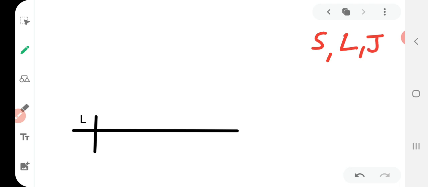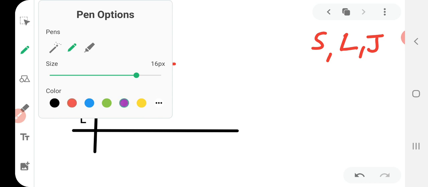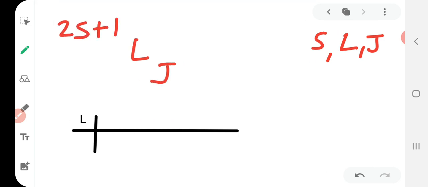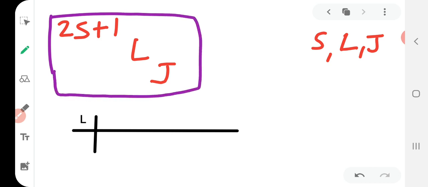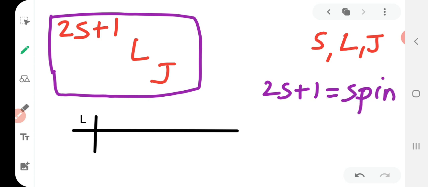After finding these 3, the ground state configuration of a magnetic ion can be represented as 2S plus 1, L, J. This is the representation of the ground state configuration of a magnetic ion.